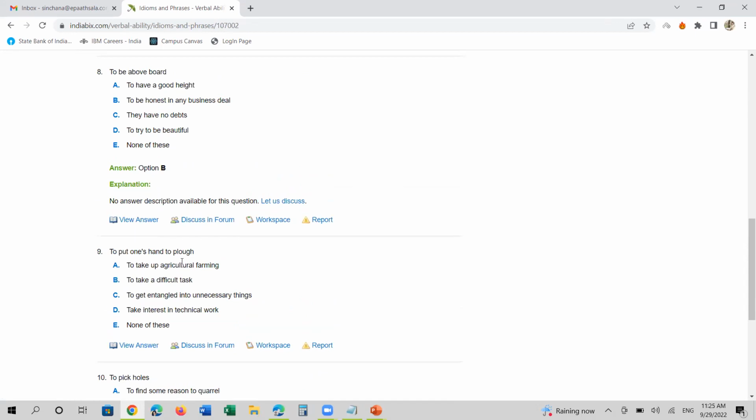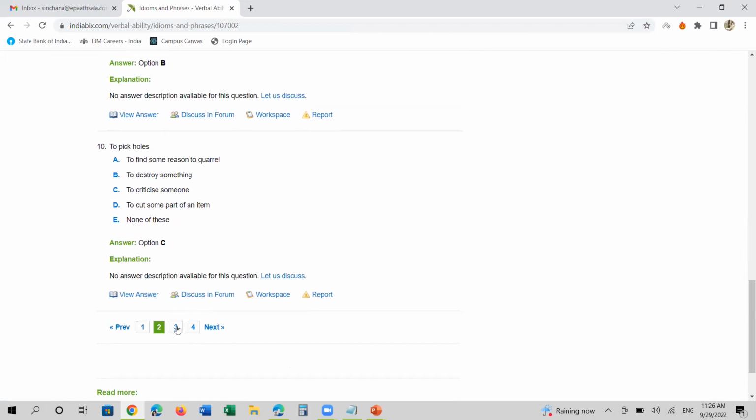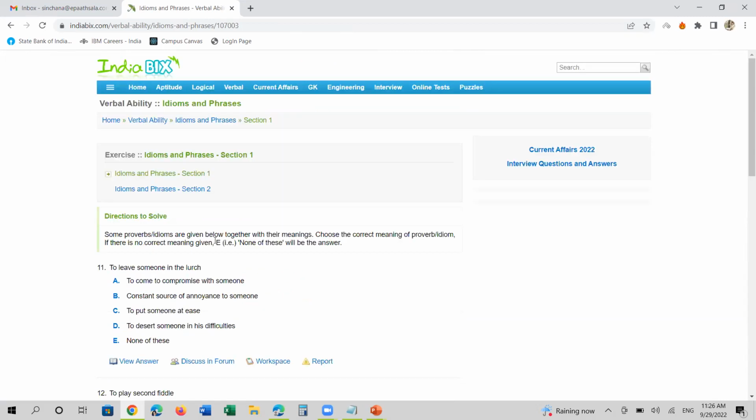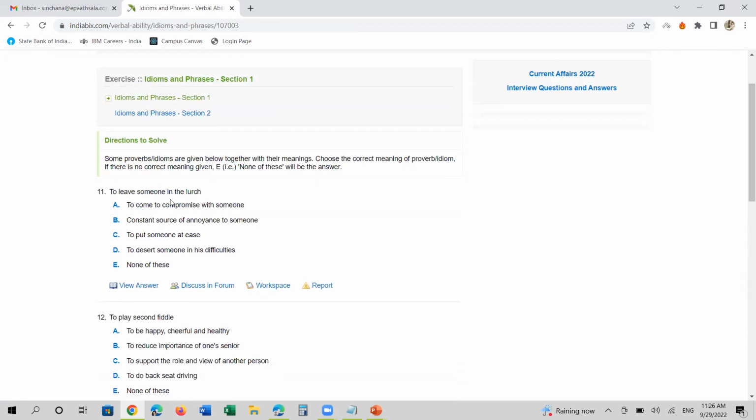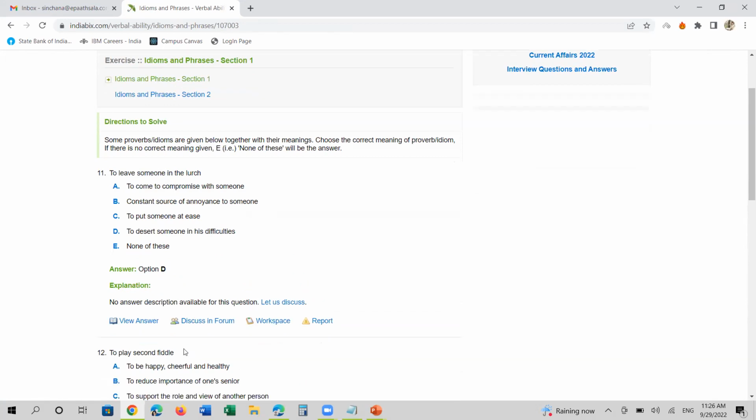To put one's hand to the plow means to take up agriculture, to take a difficult task. To pick holes means to criticize someone. To leave someone in the lurch means to desert someone in his difficulties.